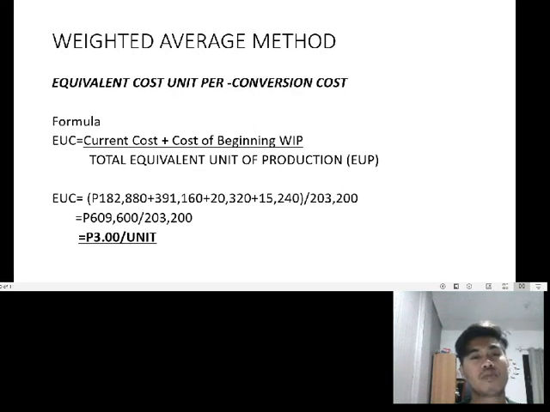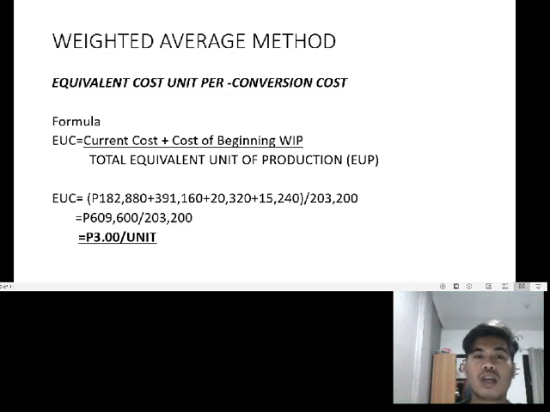Under weighted average method for equivalent cost per unit for conversion cost, formula natin again, current cost plus the cost of the beginning work in process applicable for conversion cost. So do the math for all the cost. So divide by the EUP. So yung equivalent unit cost natin under conversion cost using weighted average method is 3 pesos per unit.